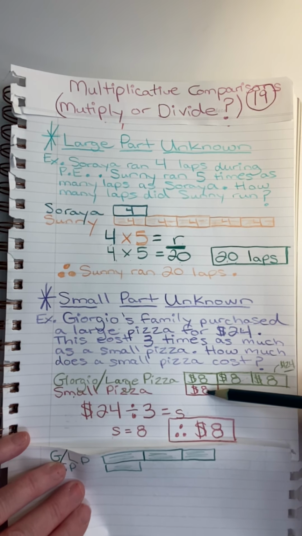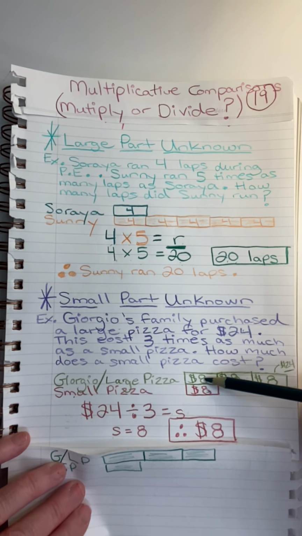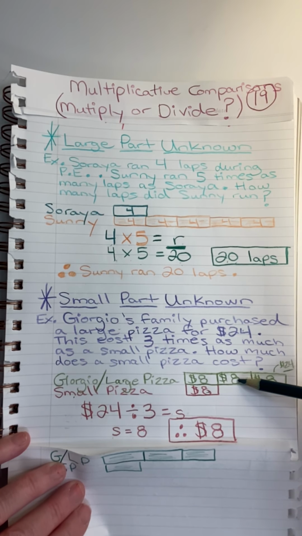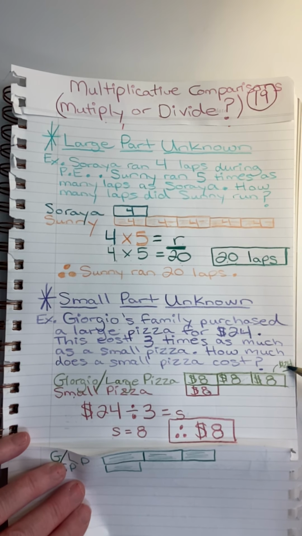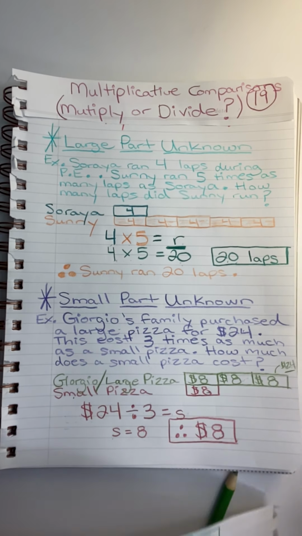And if Giorgio's costs 3 times as much for the large pizza, then I have $8 plus $8, which equals 16. That's 2 times as much. Plus $8, 16 plus 8 equals $24, or 3 times 8 equals $24. So I know that that makes sense.